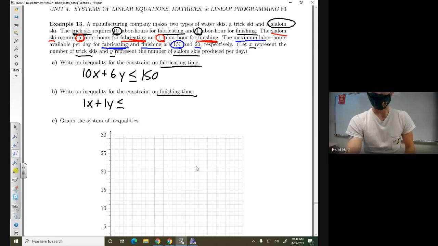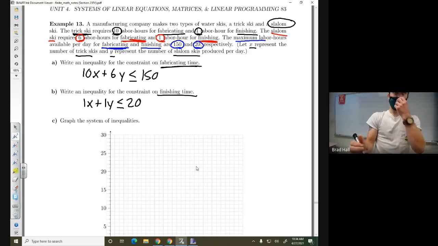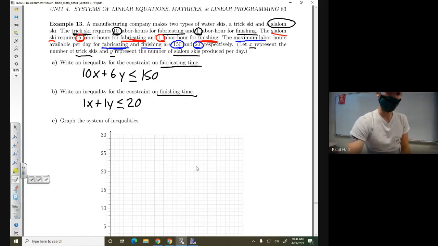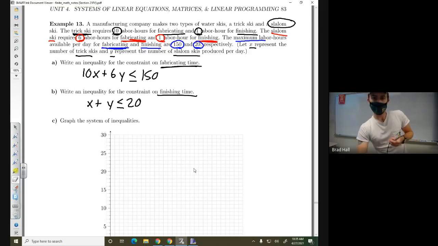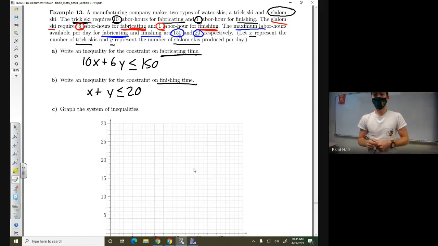And it goes on to say that the max is 20. And since 1X and 1Y don't really mean anything in terms of the ones, I'm just going to put X plus Y. Those ones don't really do anything. So those are the two inequalities here.